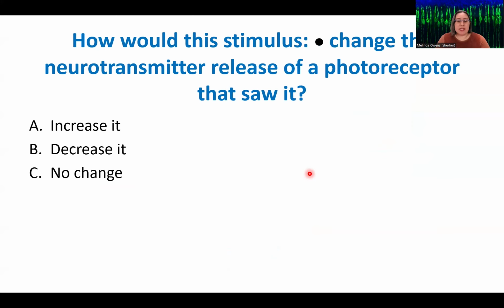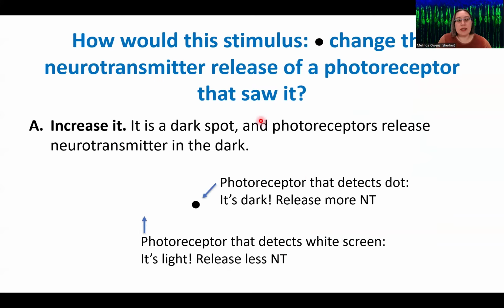So let me ask you something. How would this stimulus, literally a black dot, change the neurotransmitter release of a photoreceptor that saw it? What do you think? It would increase it. Okay, it's a dark spot. So don't think of the light level of an environment being all or nothing.